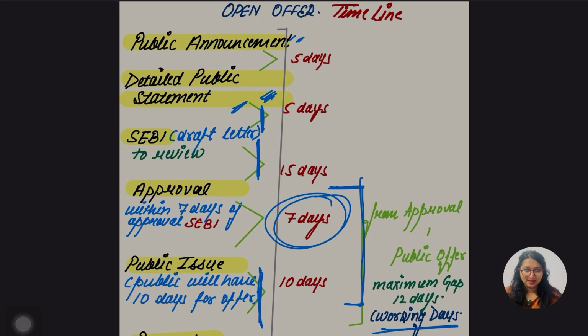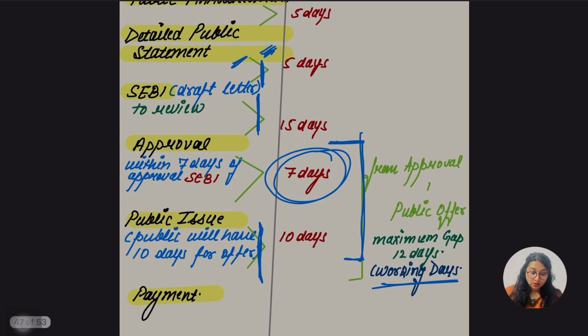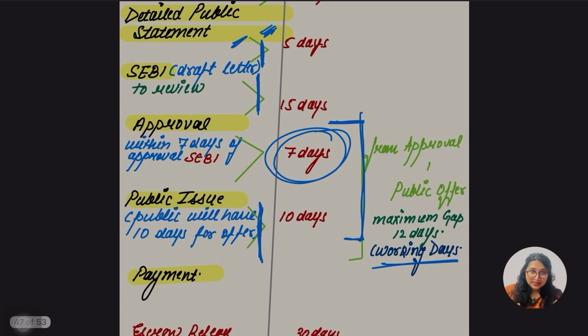Then again within the next 5 days, what do we send to SEBI? The draft order, because SEBI is going to review that draft order. Once the draft order is approved by SEBI, within the next 15 days the approval is to be taken.